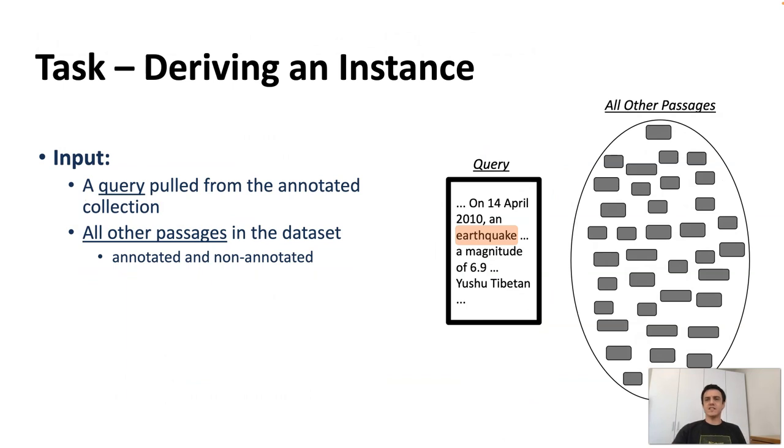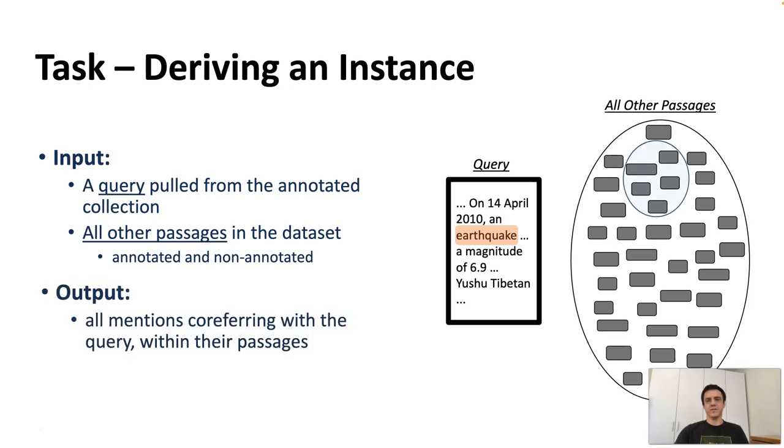To derive an instance from our CoreSearch dataset, we will consider the input to be a query pulled from the annotated collection, and all other passages, both the annotated and non-annotated ones, as the passage collection to search in. The output should be all event mentions within their passages that belong to the same coreference event cluster as the pulled query.